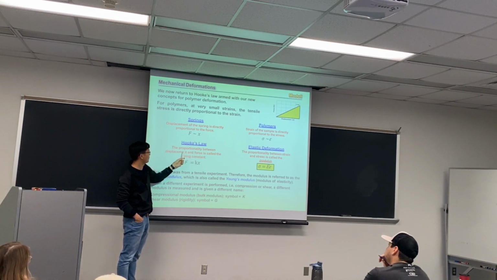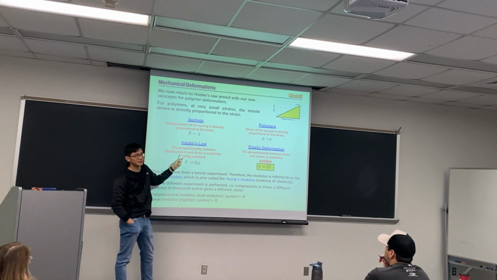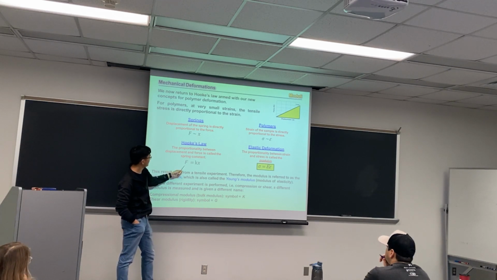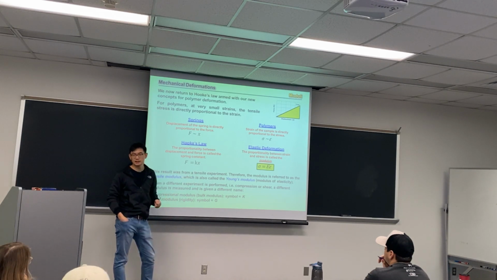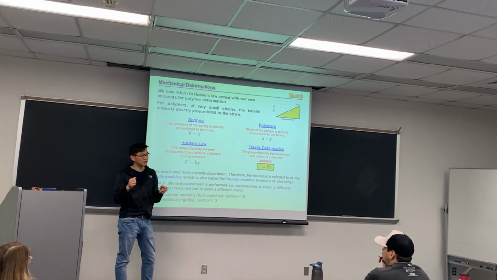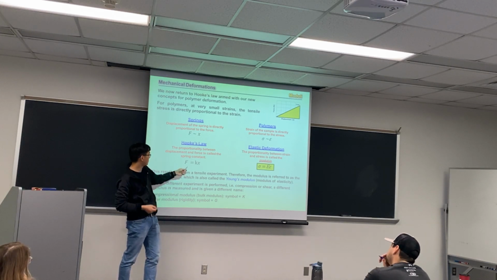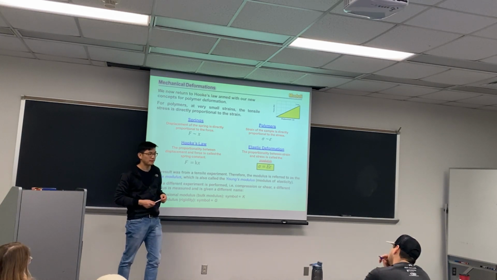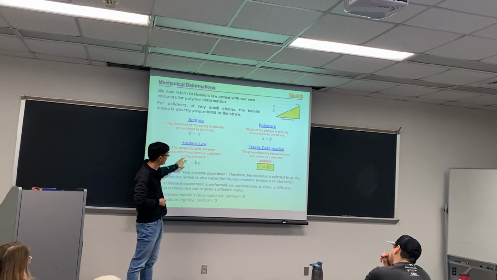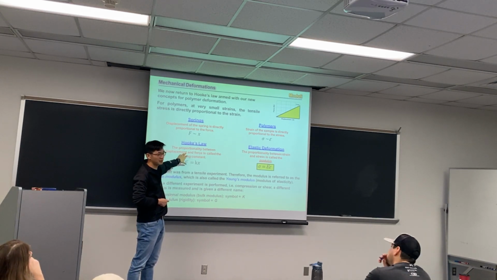In Hooke's law, for a metal spring, force is equal to K multiplied by X. K is called the spring constant. If you have a spring, you can feel how much you press it is proportional to the force.